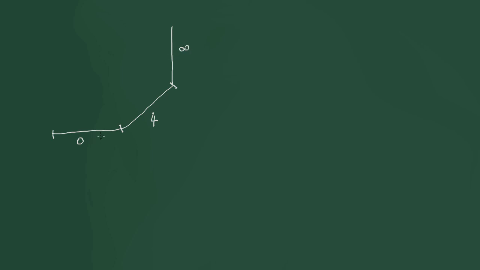Now what is the point to be noted here is that from this point to this point, all these points, the slope is a constant. It doesn't change anywhere along this line. Now similarly, in the next part of the straight line, from this particular point to this particular point, again the slope remains constant, but now it is 4, not 0.